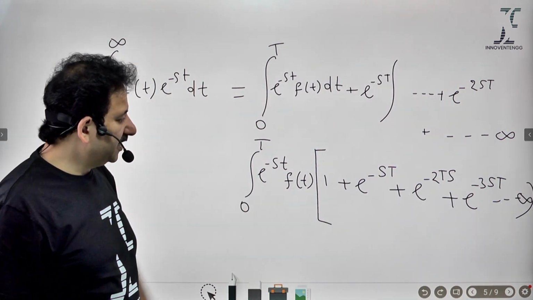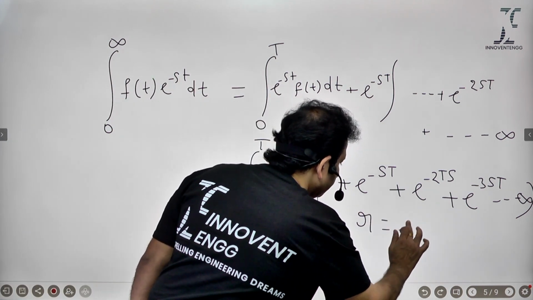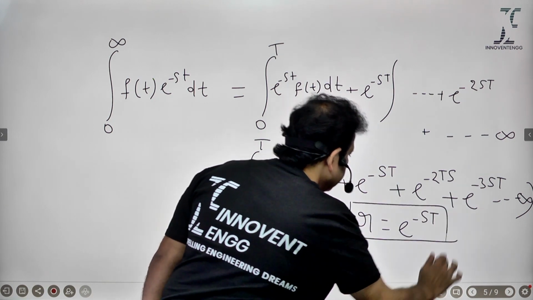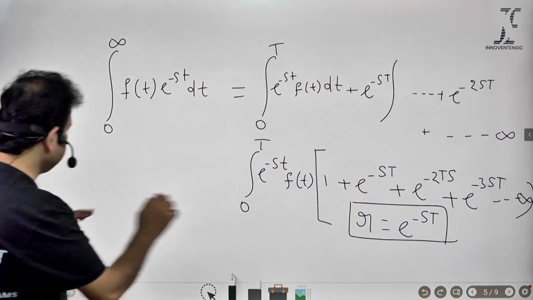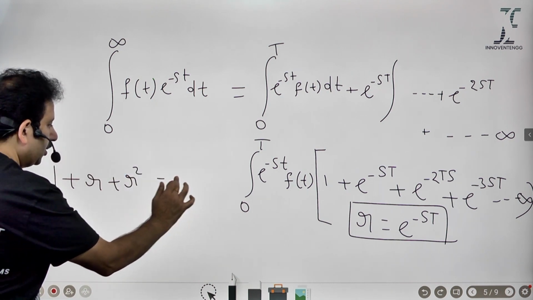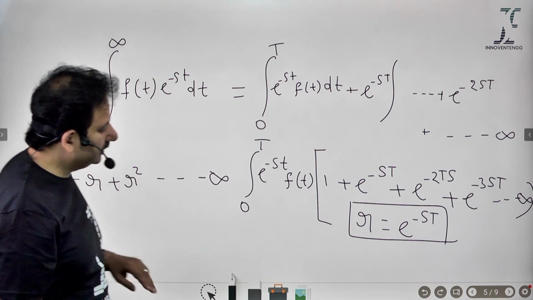So this is a geometric progression where r is equal to e power minus sT. Just compare that: 1 plus r plus r square up to infinity, right? This is a typical geometric series.